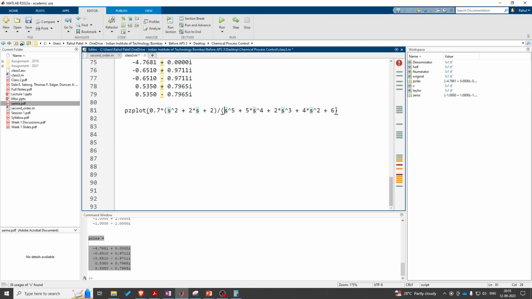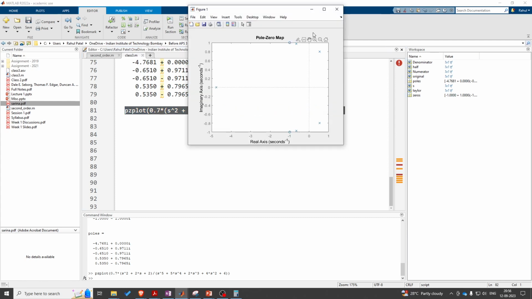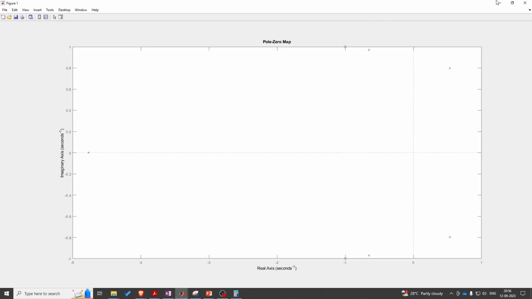So this is the plot that we are getting. I'm not sure if it is visible online. Over here we can see that the x marks correspond to the poles of the system, whereas the circles correspond to the zeros. This zero is -1 plus 1i, similarly this is -1 minus 1i, and the rest are the poles.